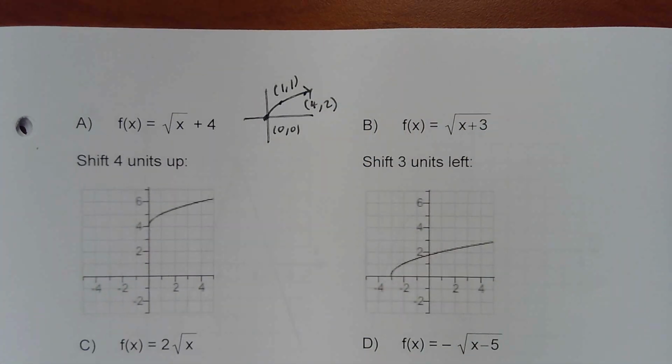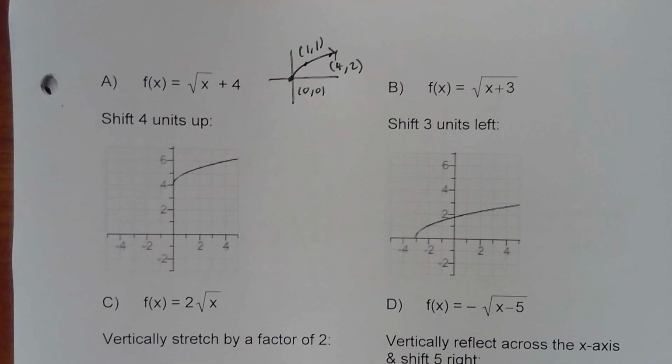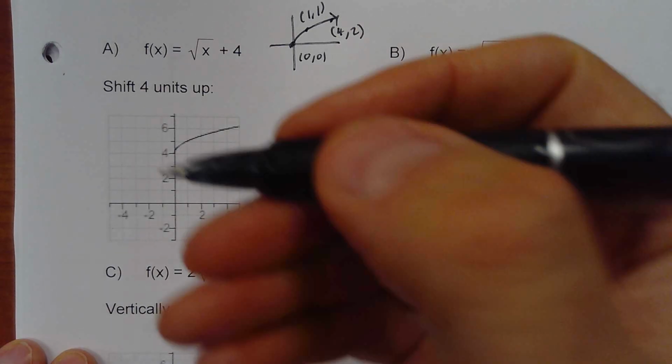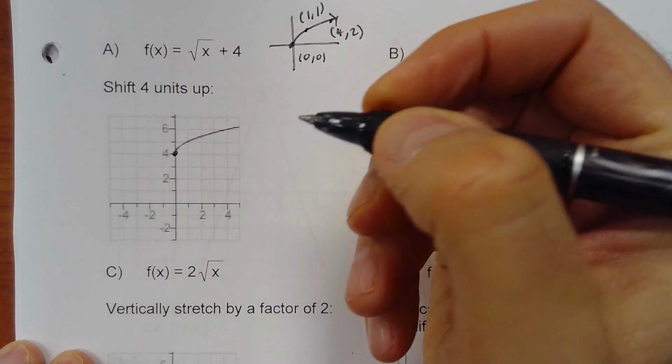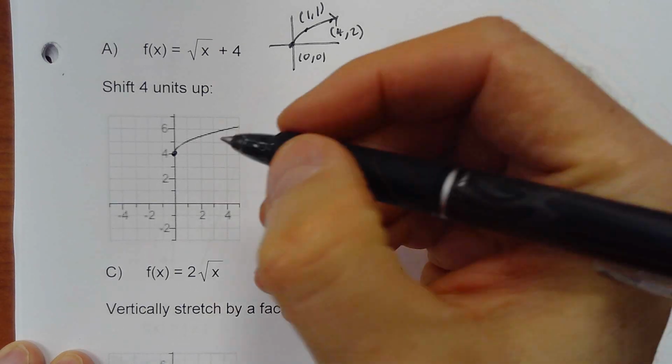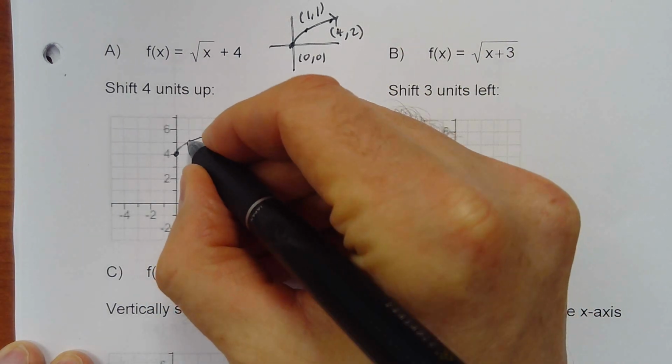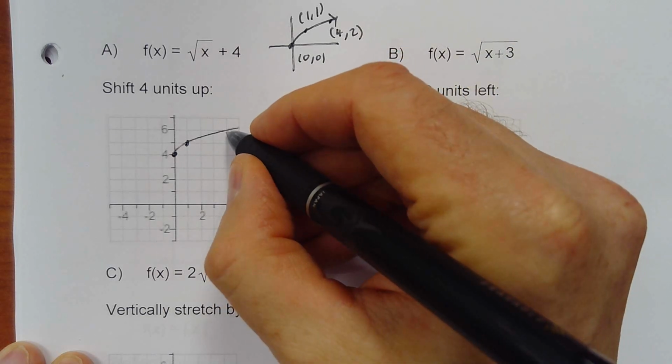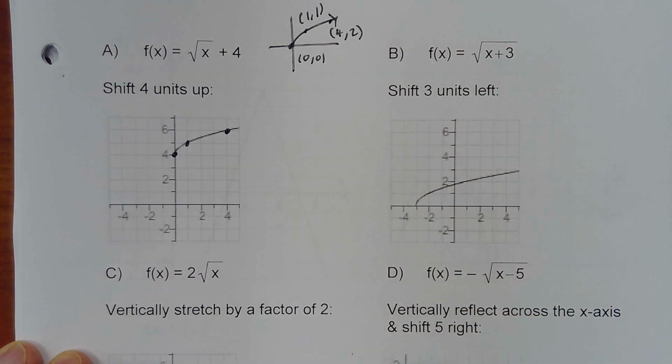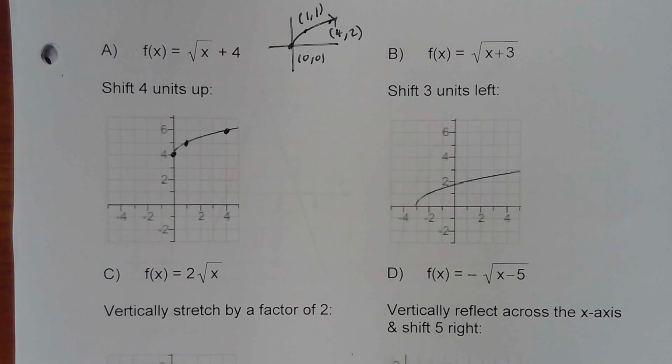And that plus 4 is going to shift the graph up 4 units. And so my graph will become this. That's the point 0, comma 4, 1, comma 5, 4, comma 6. Everything gets shifted up 4.